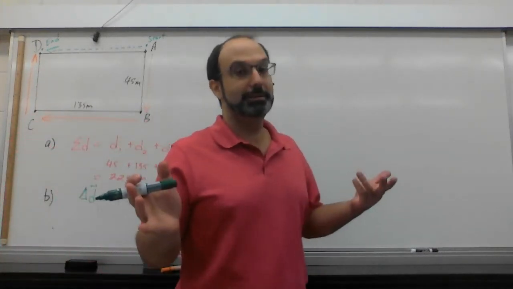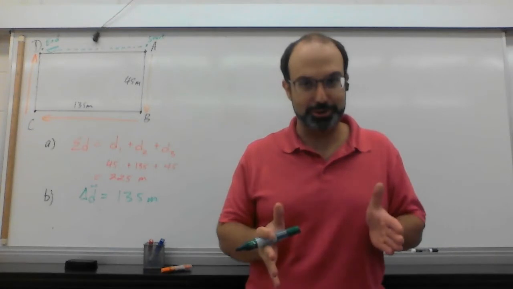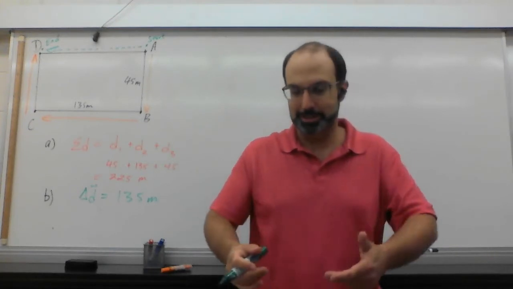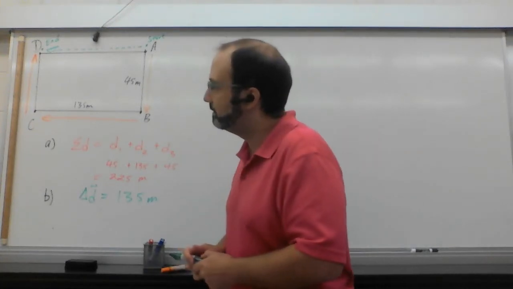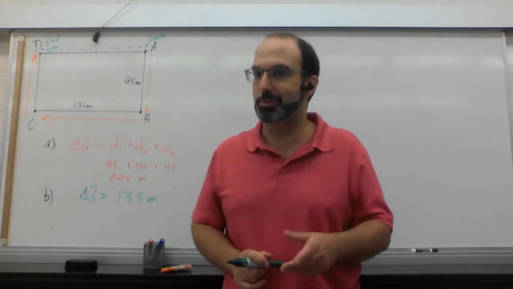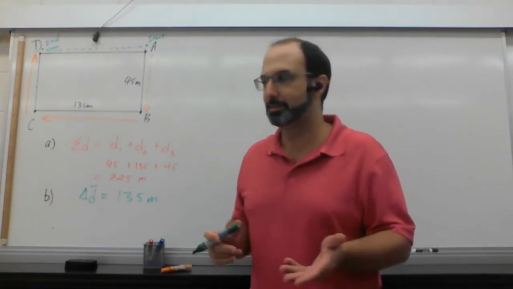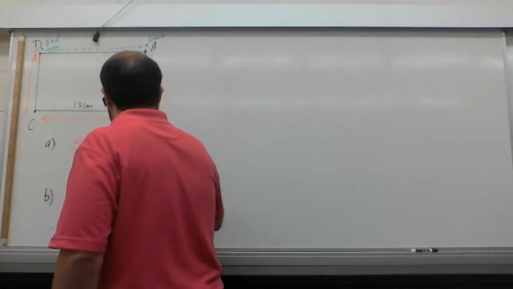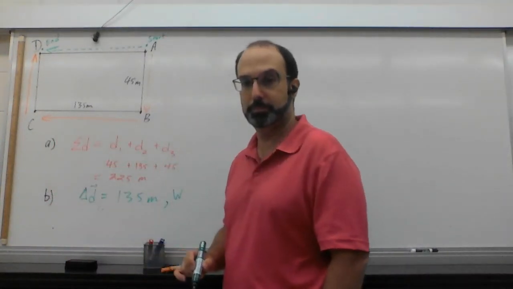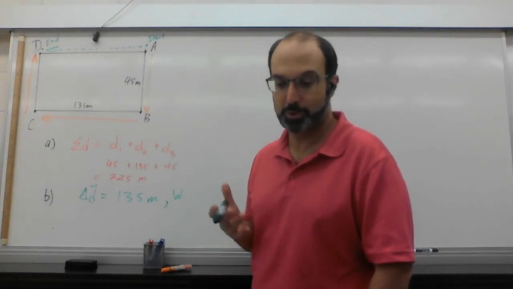But we're not done. There has to be a direction. I just said the word direction. Well, what's the direction here? Is it south and then west and then north? No, it's just west. So I could put comma W. And that's it. That's all we have to do.